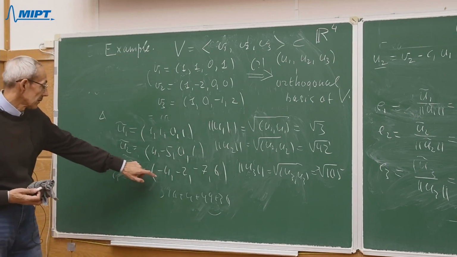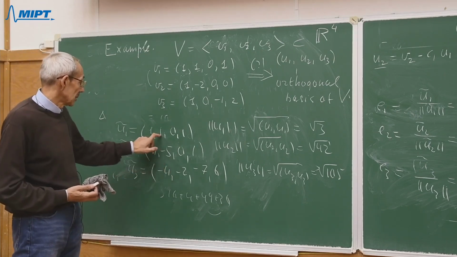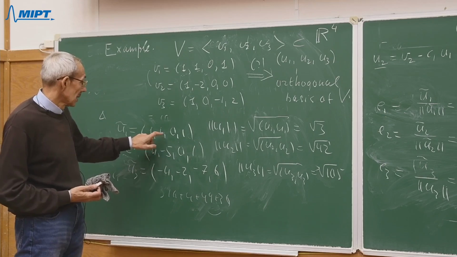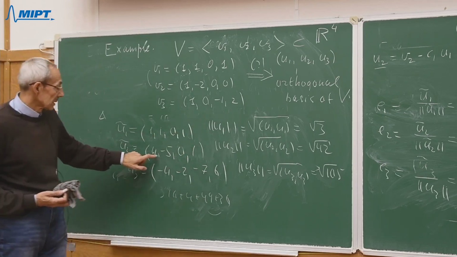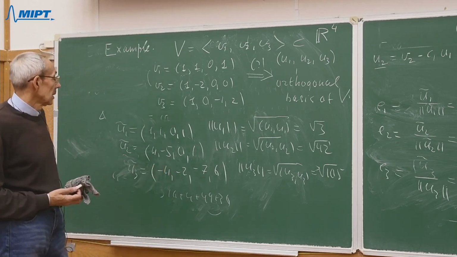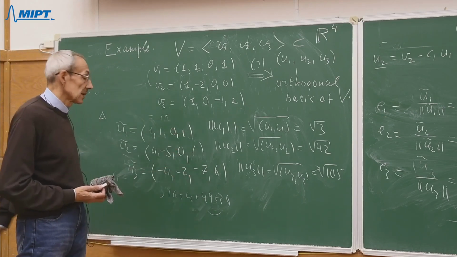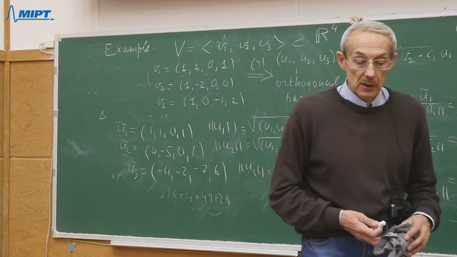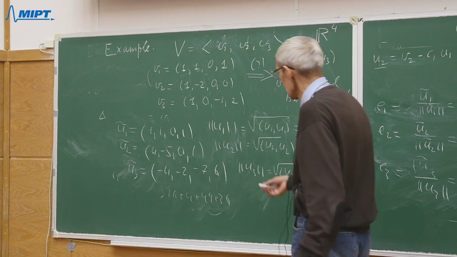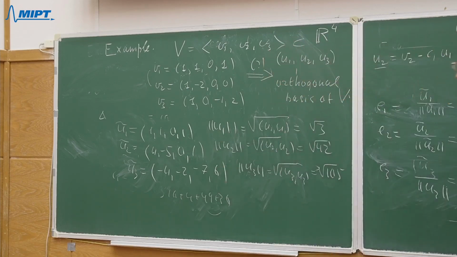This one and this one: minus 4 minus 2 minus 6 plus 6 is equal to 0. And this one: minus 16 plus 10 plus 6 is equal to 0 also. Actually, we obtain the orthogonal system, and these vectors form the so-called orthonormal system, or orthonormal basis, in this initial vector space.